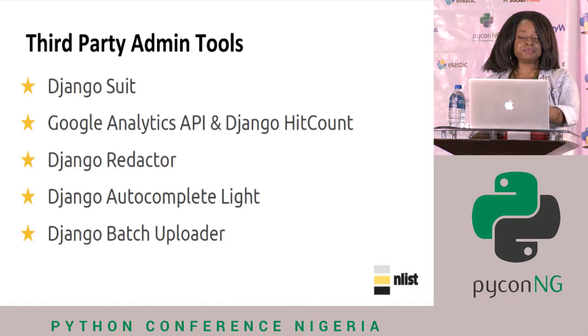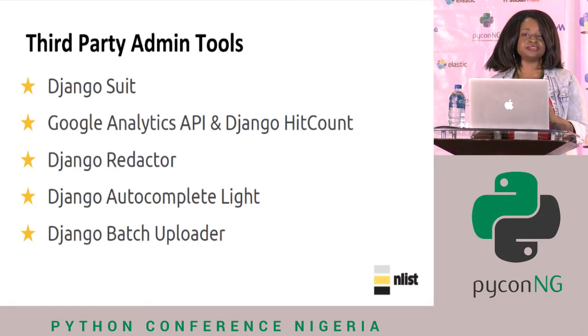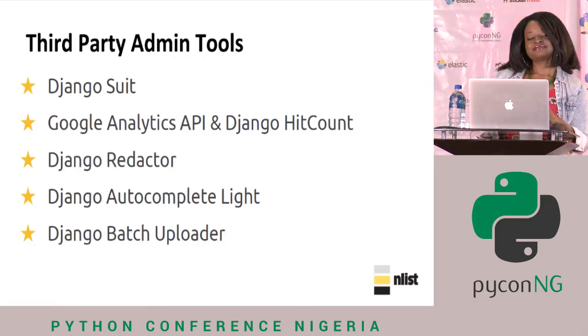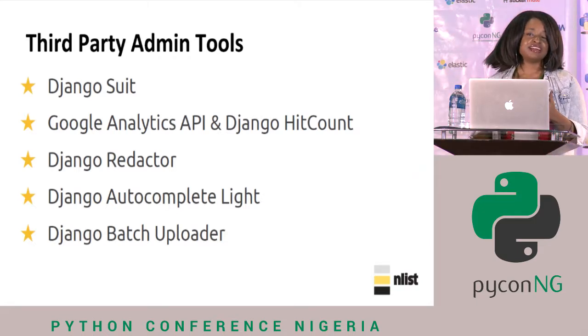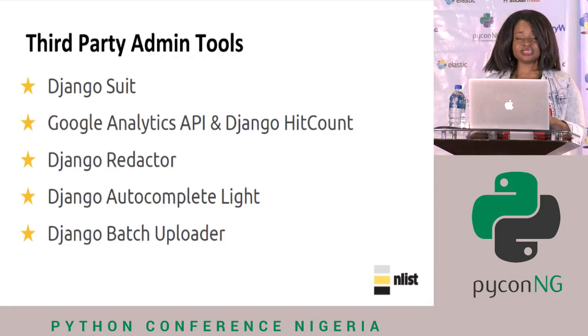I could have just used the API, but it doesn't really provide the granularity that I wanted. Hit Count just says if somebody visits this page, okay, I'm going to count it. That's all. That's what I needed for that. The Google Analytics API doesn't provide that. I will demonstrate that too.